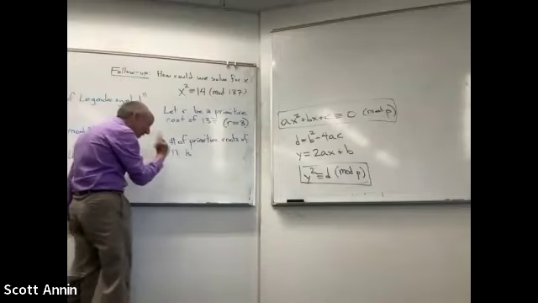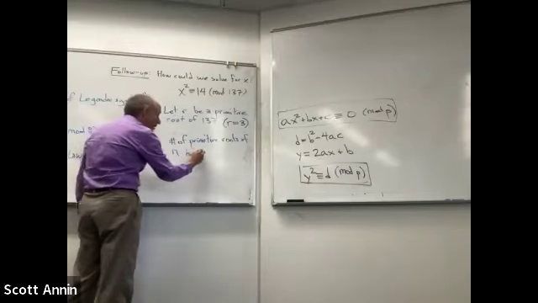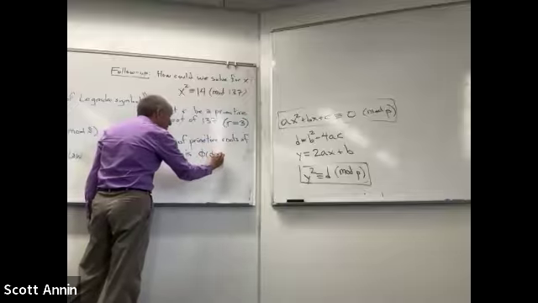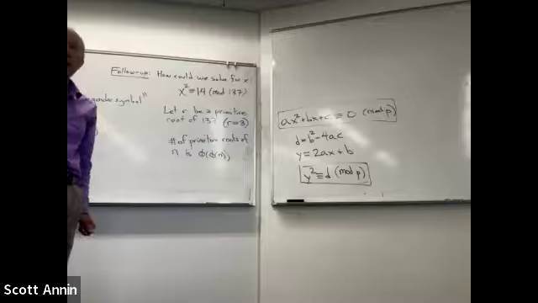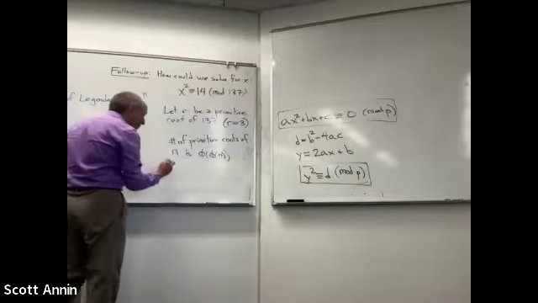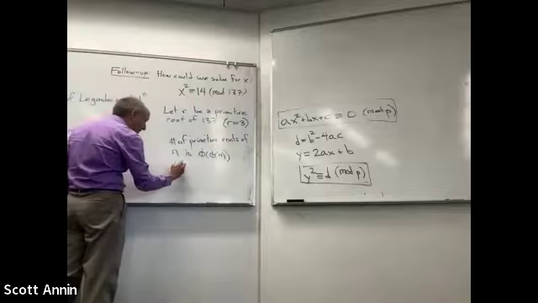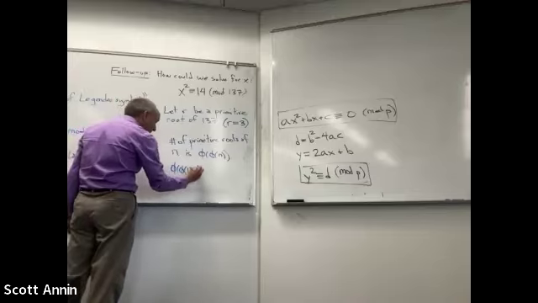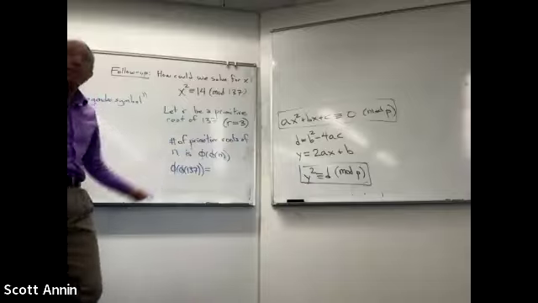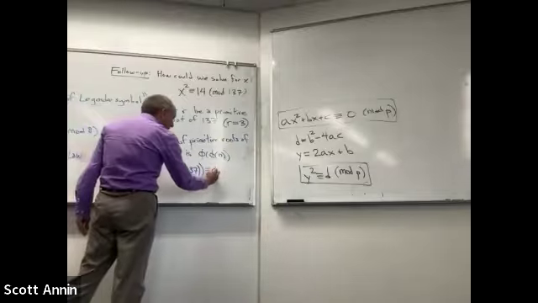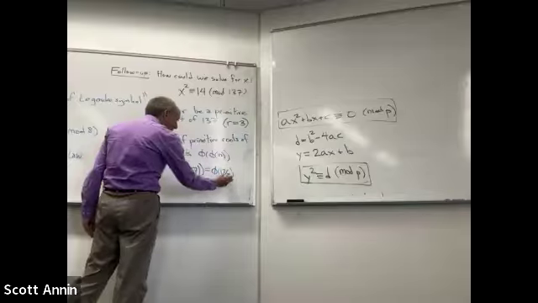But if there are any primitive roots of n, the number of primitive roots is phi of n. That's a good thing to just memorize. And so if you're talking about 137, then you would need to calculate phi of 136.